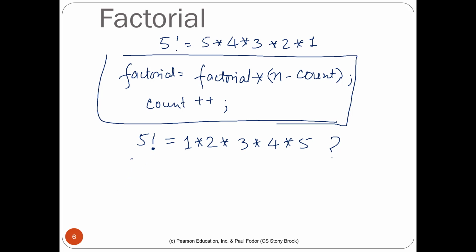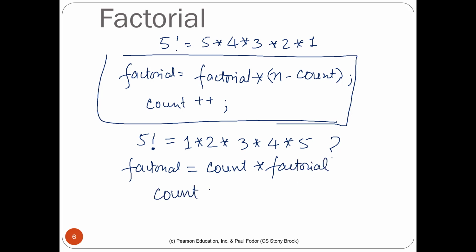So what you can do is factorial is equal to, you can do that. So you will do count into factorial and then count plus plus. You can do that, right?